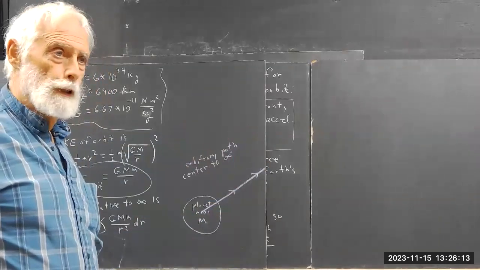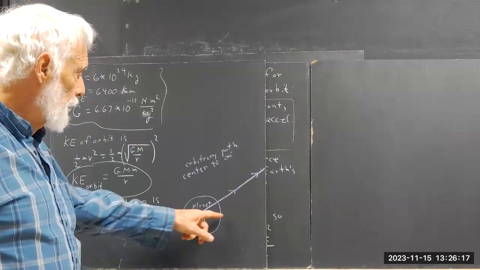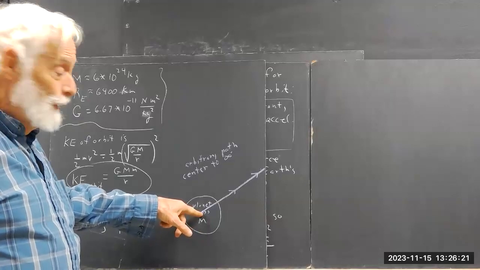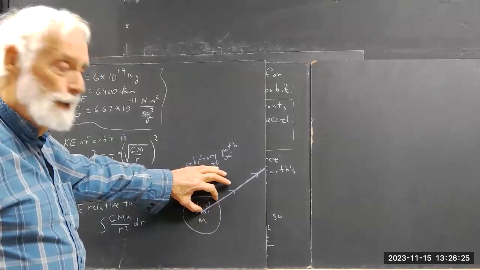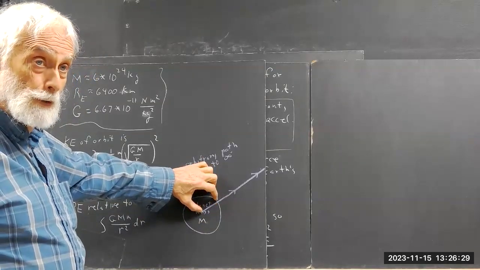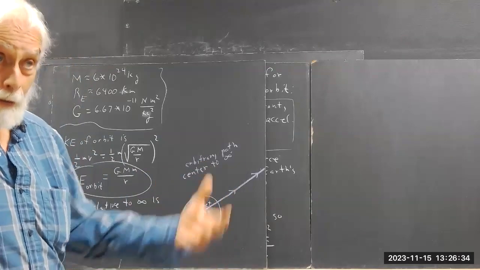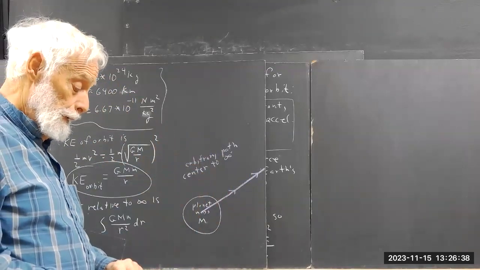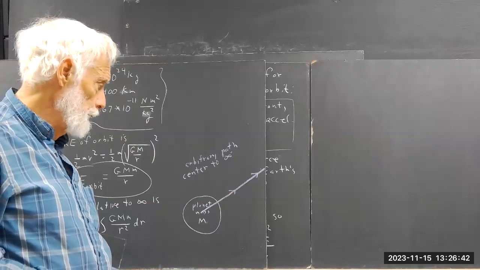We don't want to try to figure out the potential energy over this whole path because it'd be infinite if you assume all the mass of the planet was concentrated at the center. But it isn't. So the gravitational pull between here and here is variable in a way that depends on the relative density of different layers of the planet and so forth. Okay. Anomalies, different planets would be different. And we aren't even sure really what it is for our planet, although we've got a pretty good idea.